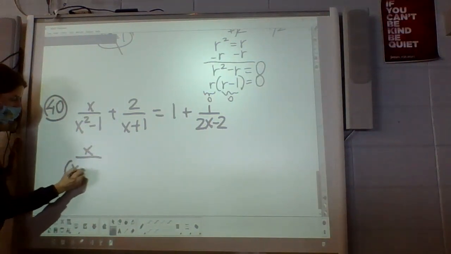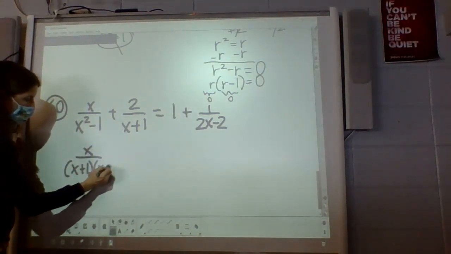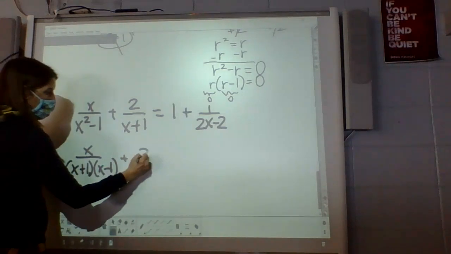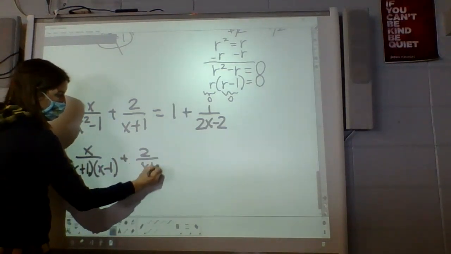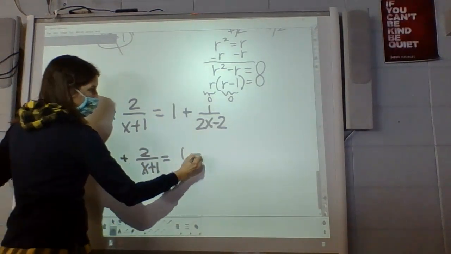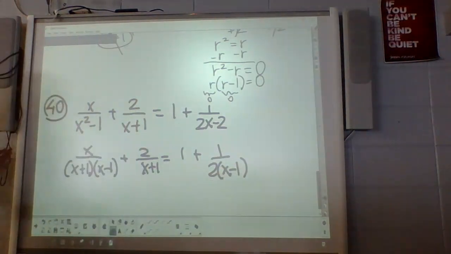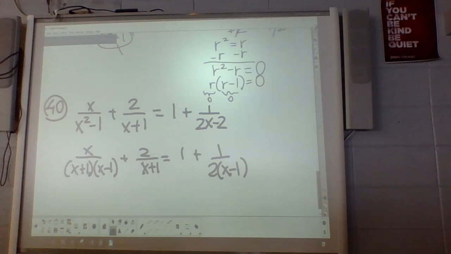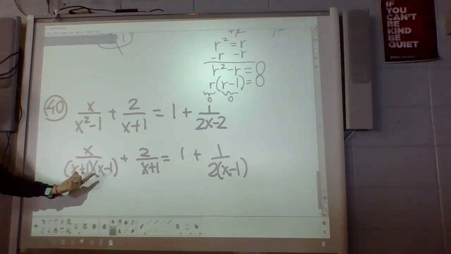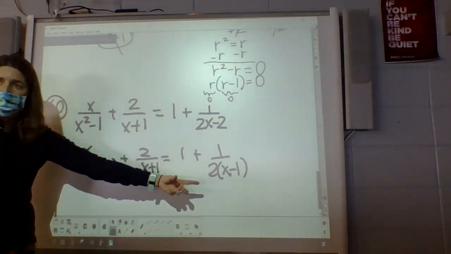So this is x plus 1, x minus 1. And then that's 2 times x minus 1. So if I want to get rid of all the fractions, I have to multiply by that common denominator. So it's these 2 along with that 2.